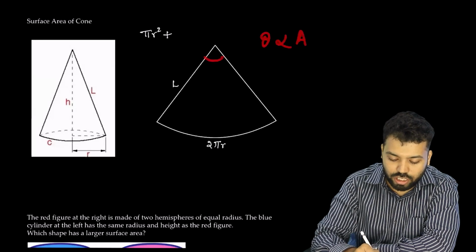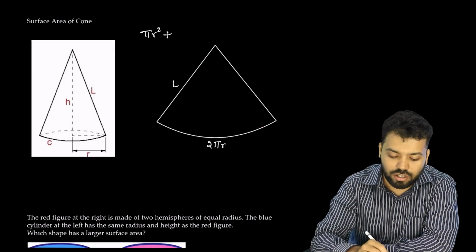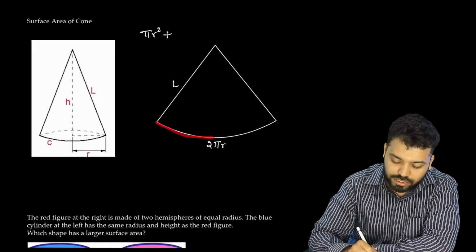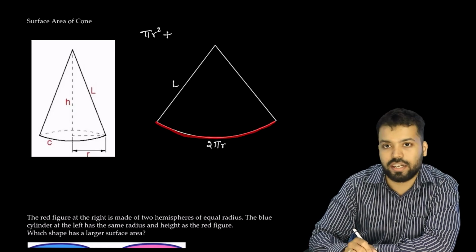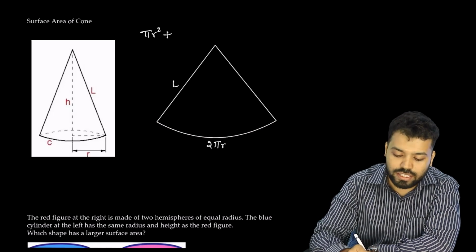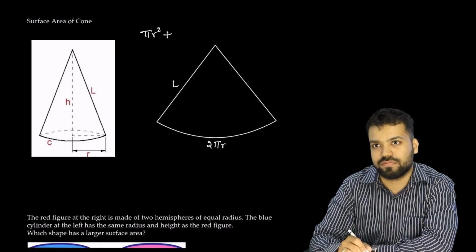The more angle you cover, the more area you get here. Similarly, there is one more analogy. The perimeter, or rather the arc length, is also proportional to area. Or I can say circumference is proportional to area.